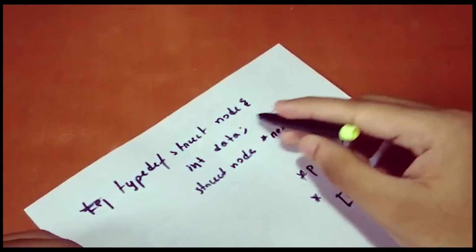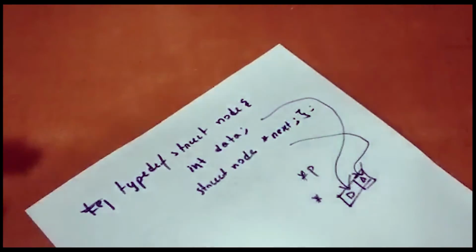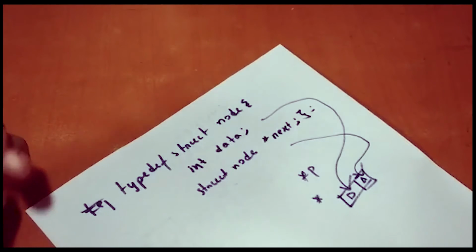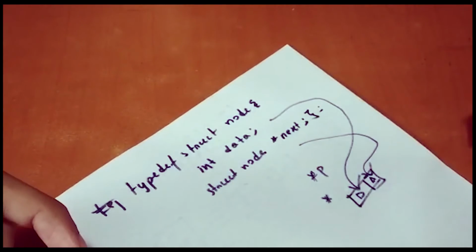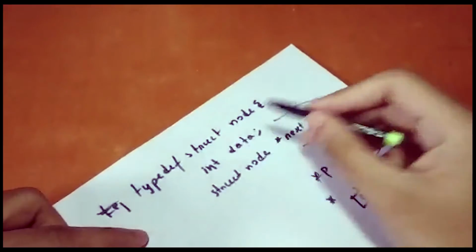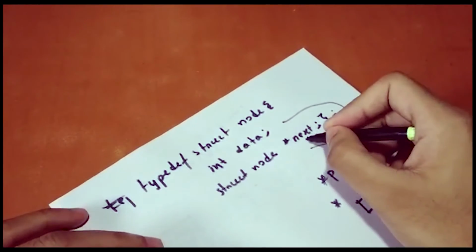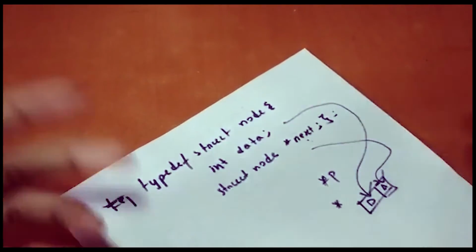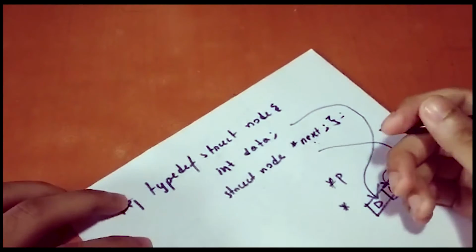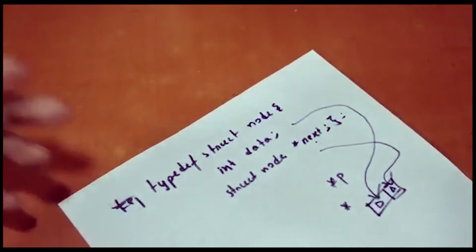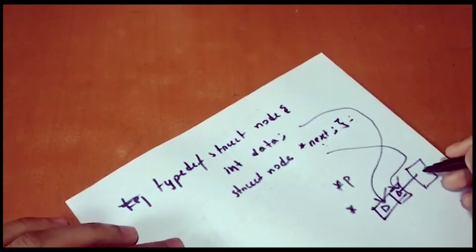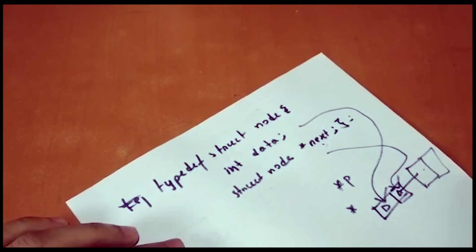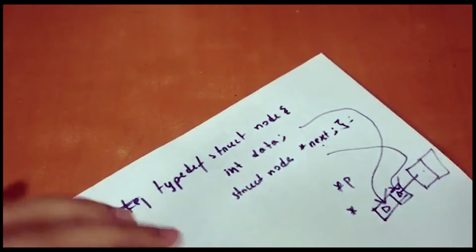So in data it has 2 parts and struct node is created. And this next part, why have I written next here? Well, that's not necessary. Obviously we can write any variable name. So this next part will store the address of the next node, right?